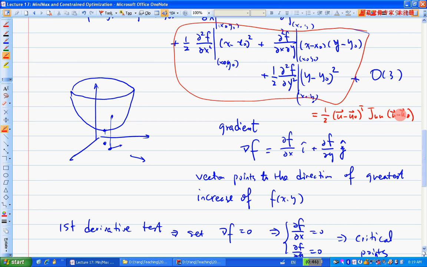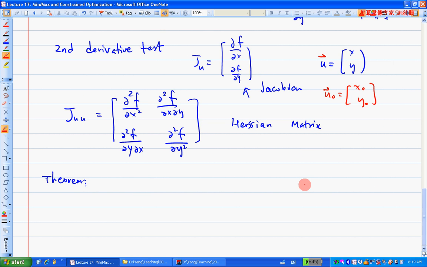This is called a quadratic form. A quadratic form is always x transpose A x. Quadratic means second order.